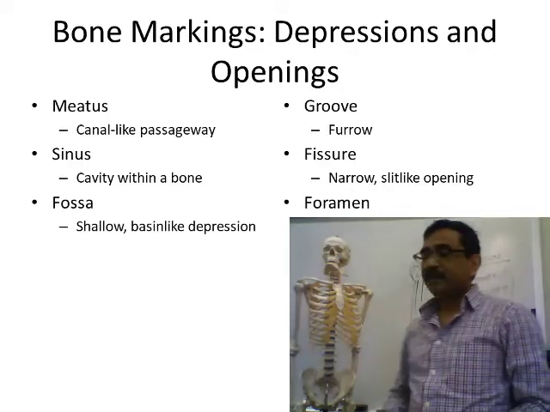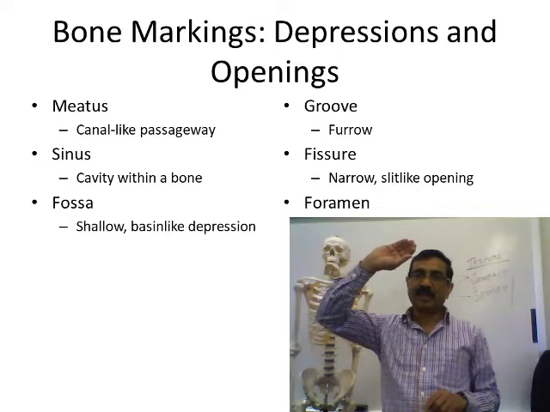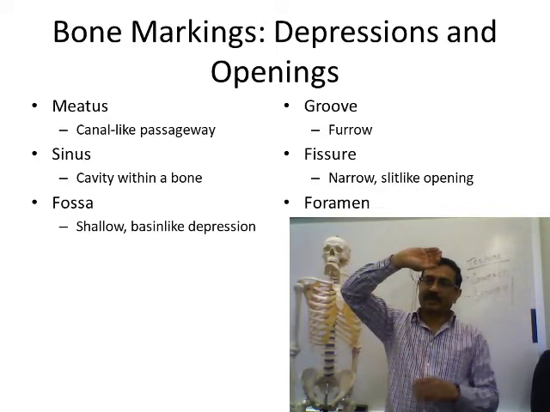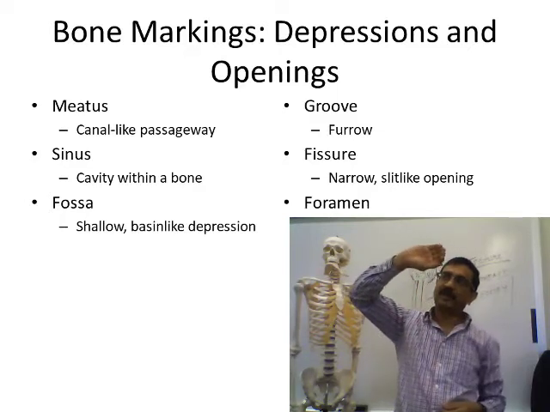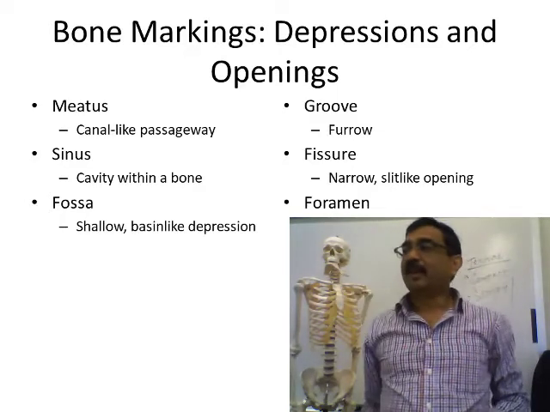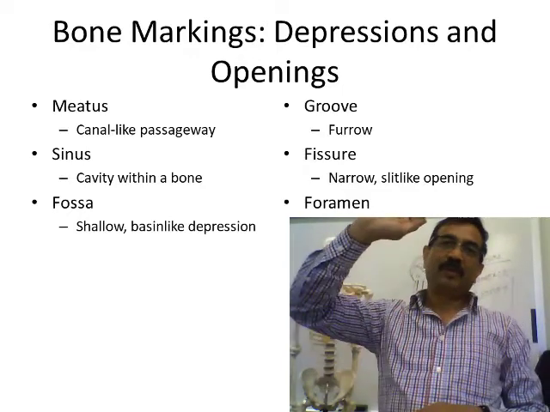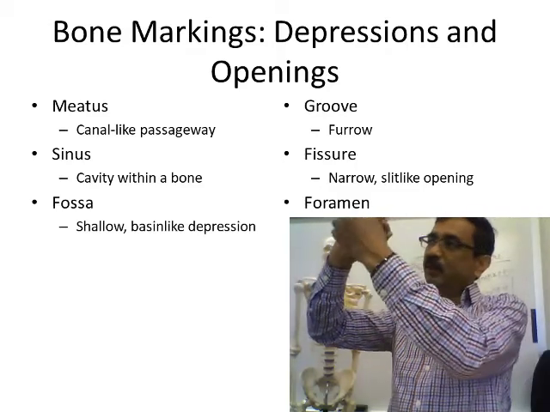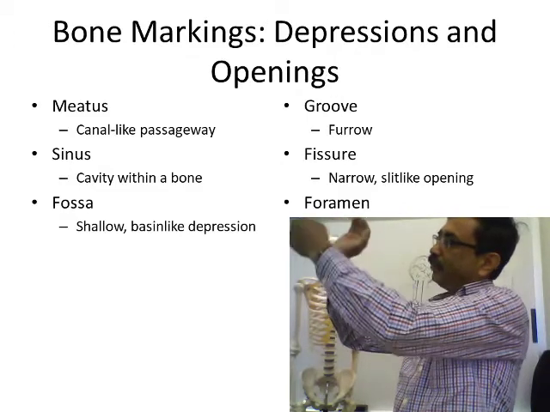Fossa: a shallow, basin-like depression. If you see a depression on the bone like this, a kind of round depression, that is a fossa. Why do we have fossae on the bones? Fossae usually hold some important structures.